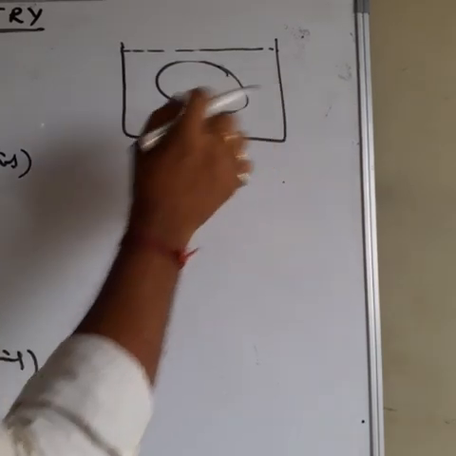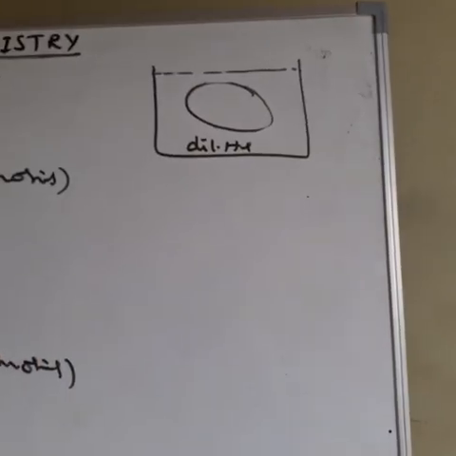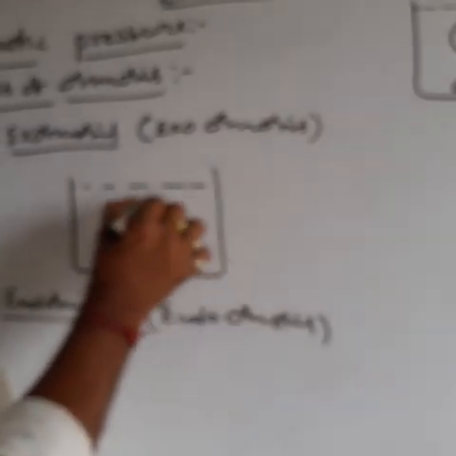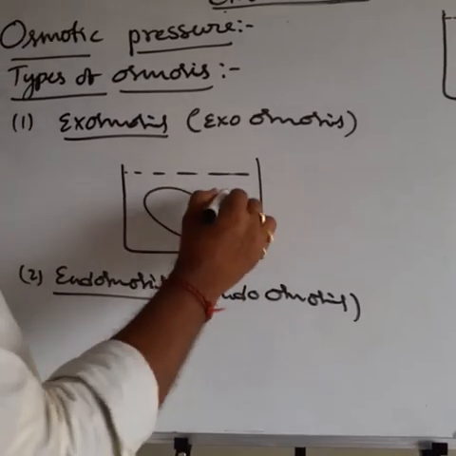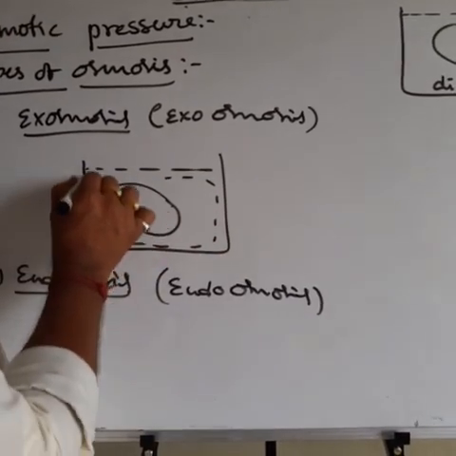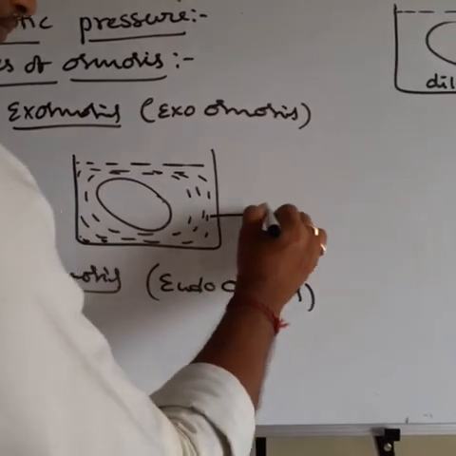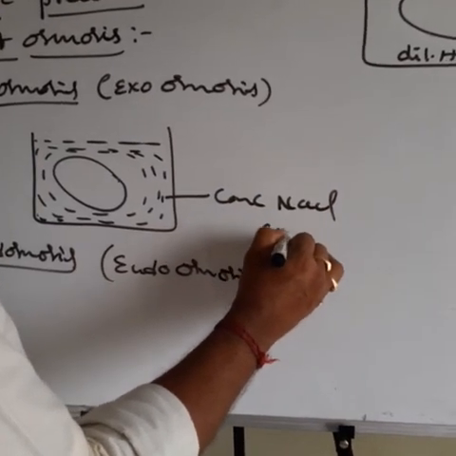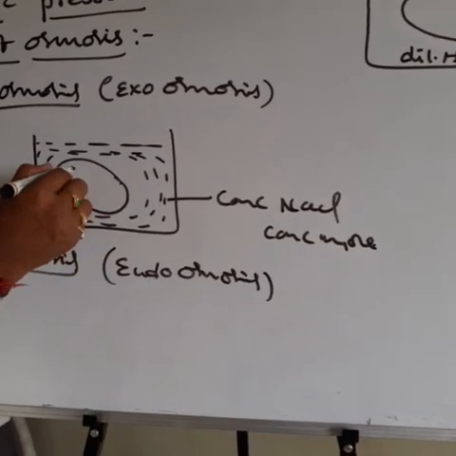After removal of the calcium carbonate skin, the egg is taken and dipped into concentrated NaCl solution. Here the concentration outside the egg is more, but inside the egg the concentration is less.